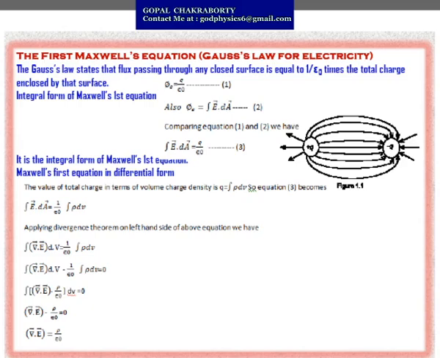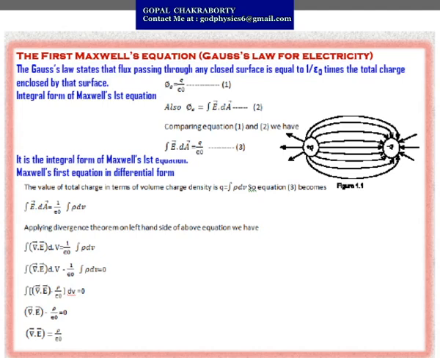Now you can take all the terms to the left hand side and take the common factor, so you will get the volume integration within bracket del dot E minus rho by epsilon naught dV equals 0.